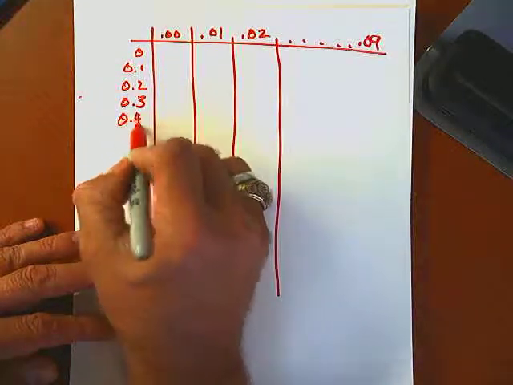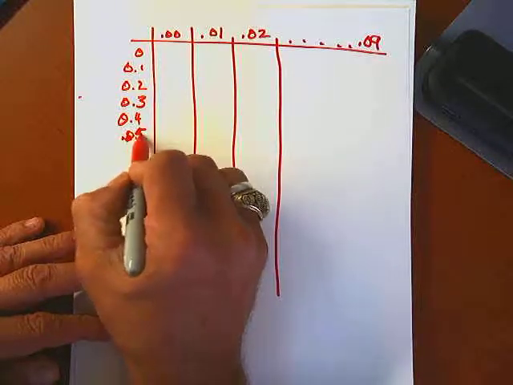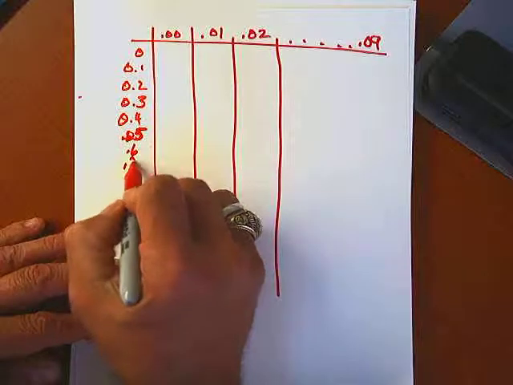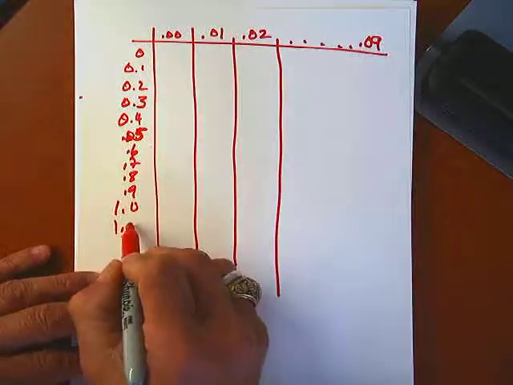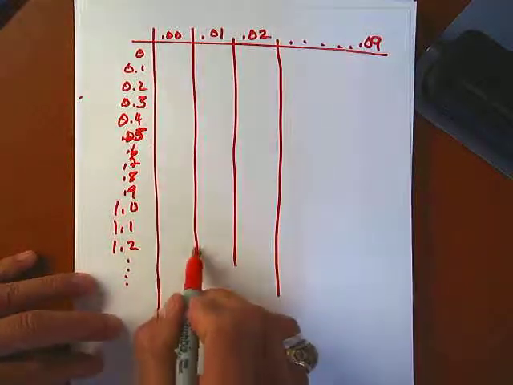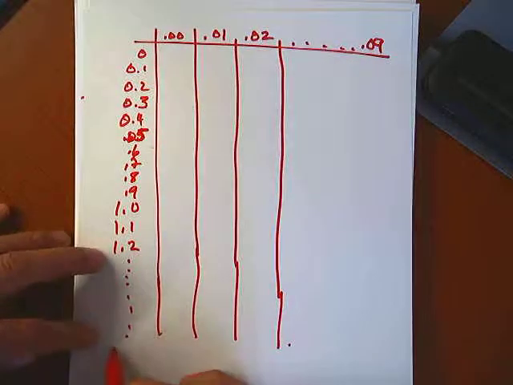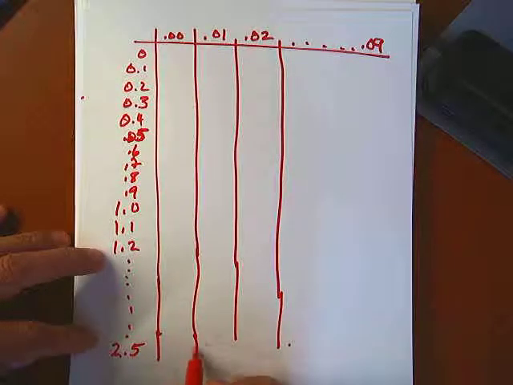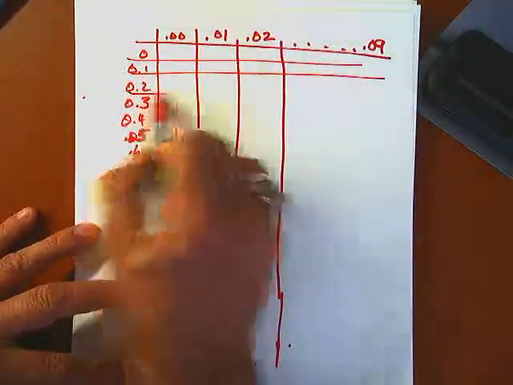I'll just start from here: 0, 0.1, 0.2, 0.3, 0.4, 0.5, 0.6, 0.7, 0.8, 0.9, 1.0, 1.1, 1.2, and so on. And it usually goes to 2.99 or 2.5.